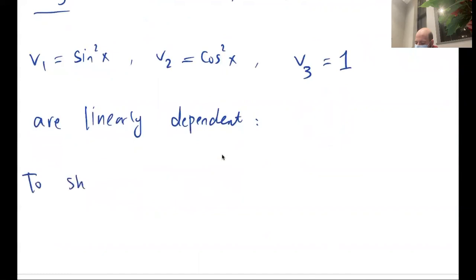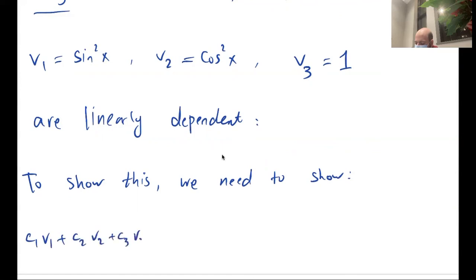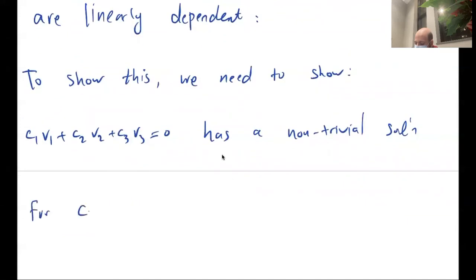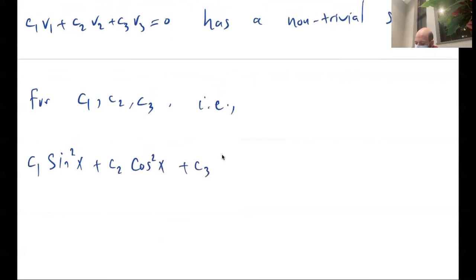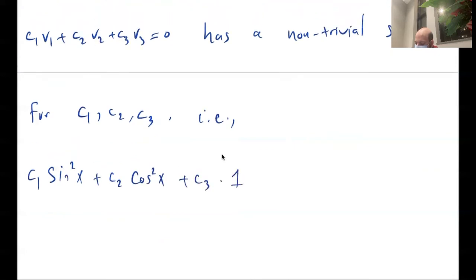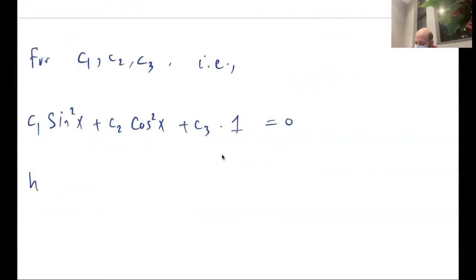To show this, we need to show that C1 V1 plus C2 V2 plus C3 V3 equals 0 has a non-trivial solution for C1, C2, C3, meaning that C1 sine squared x plus C2 cos squared x plus C3 times 1 equals 0 has a non-trivial solution for C1, C2, C3.